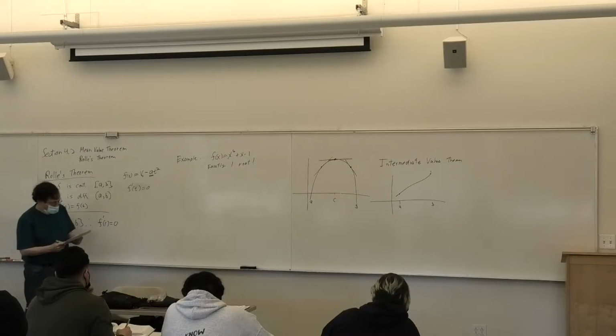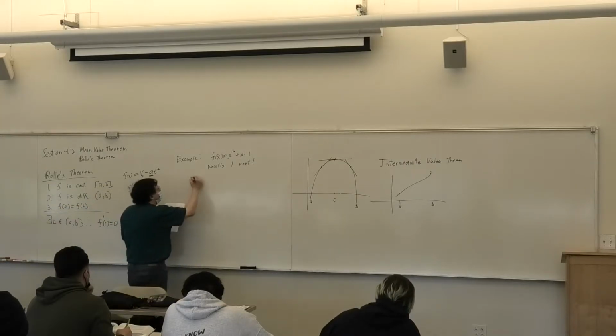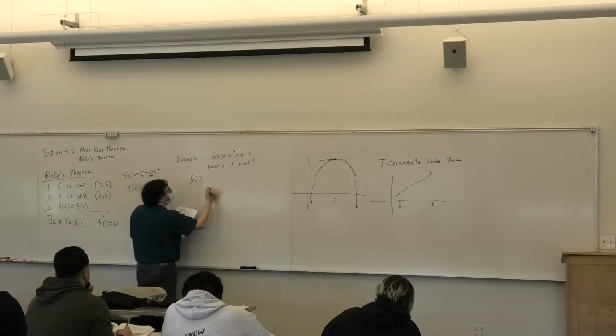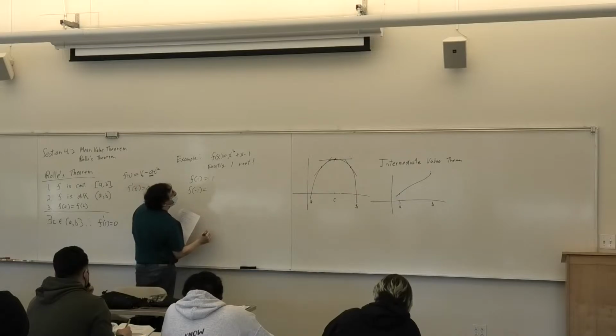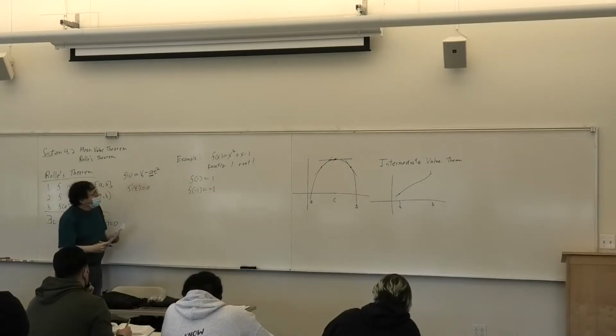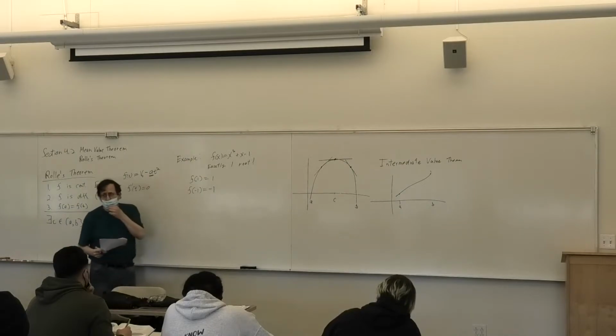Well, we can look at certain values of f. f of 1 is 1, and f of negative 1 is negative 1 minus 1 minus 1. This is a continuous function because it's a polynomial.